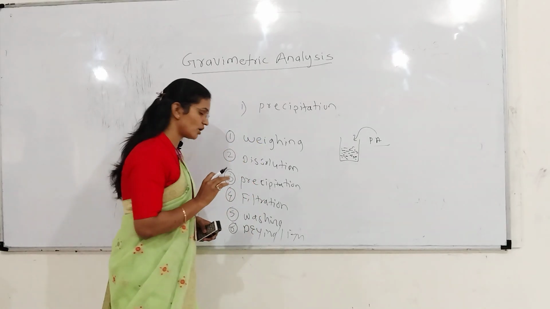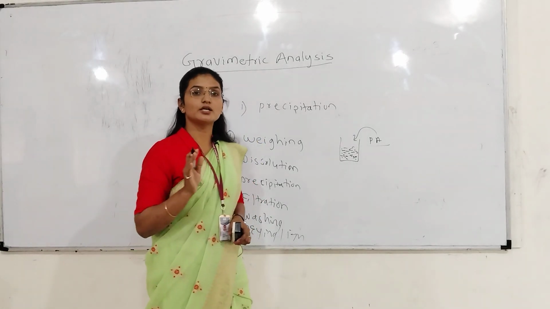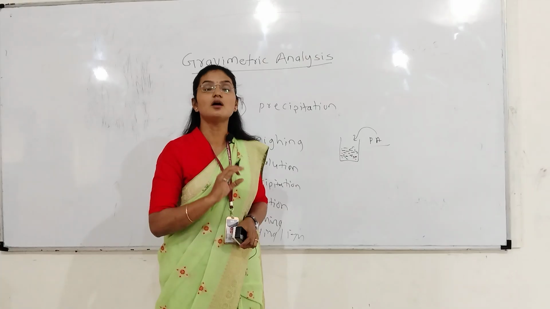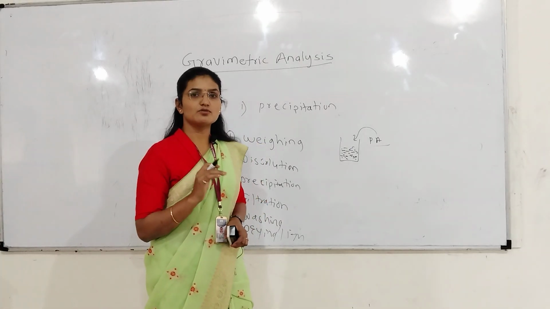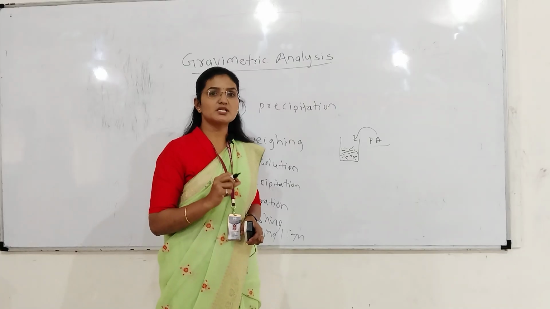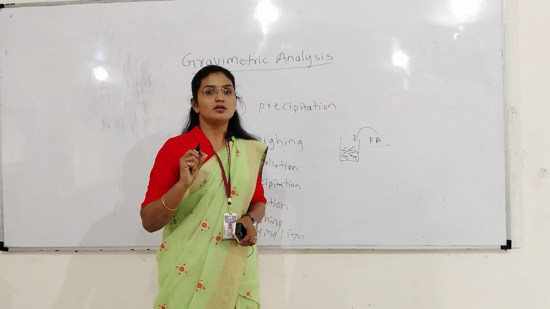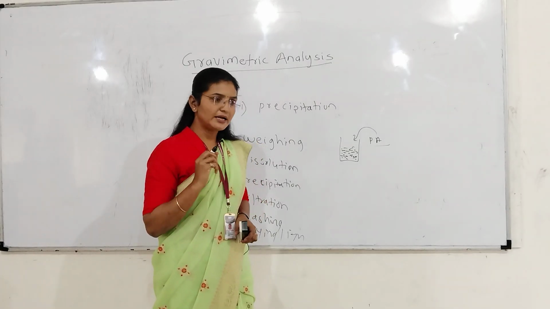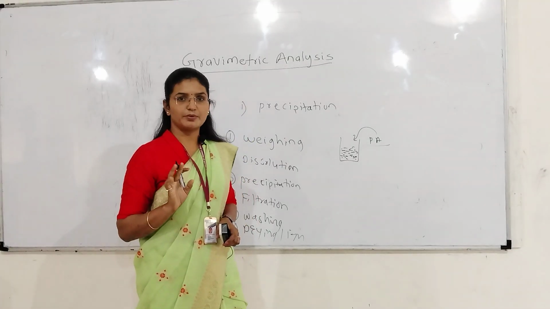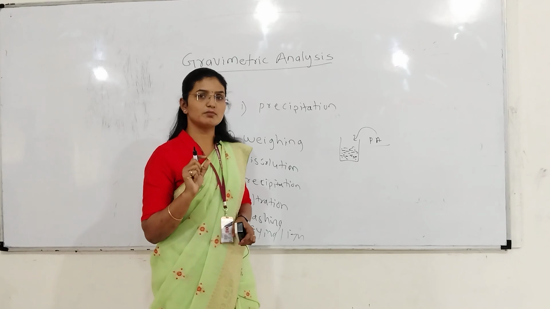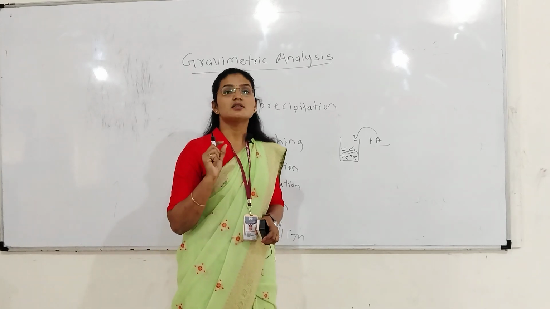For that purpose, you have to dry your precipitate to remove all the moisture or water content. You can dry your precipitate using an oven at a temperature of 105 to 110 degrees Celsius. The time period and temperature depend on your sample.